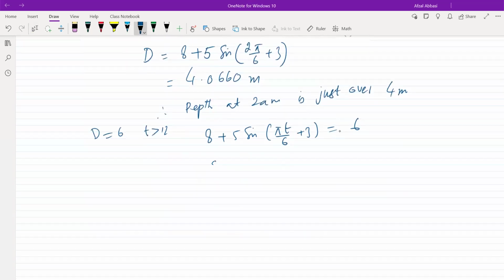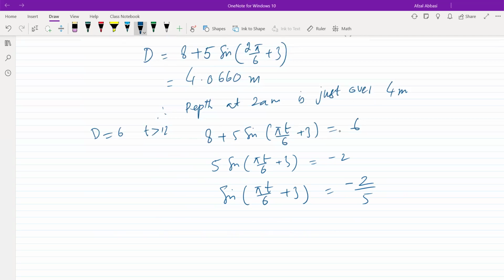We get 5 sine of pi t over 6 plus 3 equals 6 minus 8, which is negative 2. We brought 8 to the other side. Finally, we get sine of pi t over 6 plus 3 equals negative 2 over 5, which is negative 0.4.